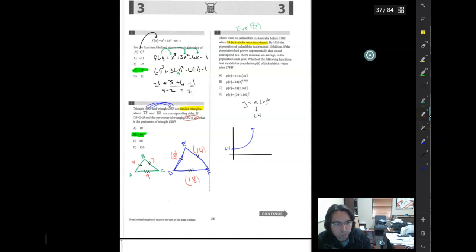So looking at our answer choices, that means that one is gone. It says the population of jackrabbits had reached 10 billion. If the population had grown exponentially, this would correspond to a 16.2% increase on average in the population each year.